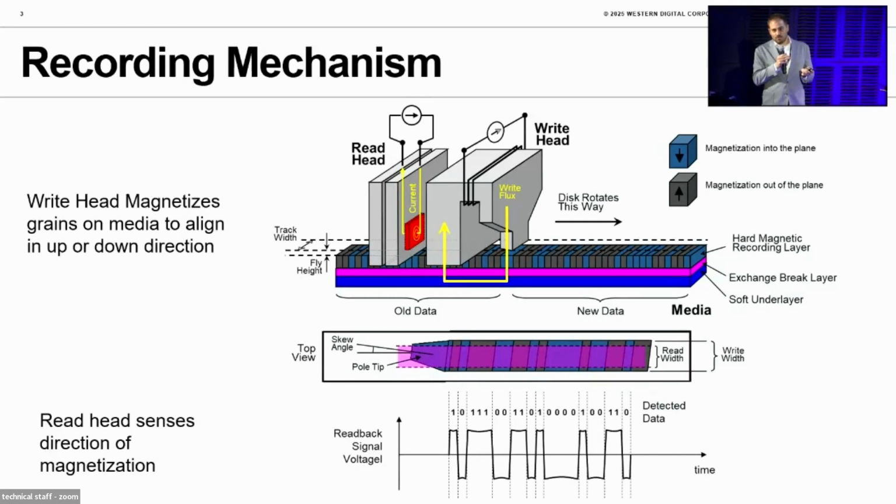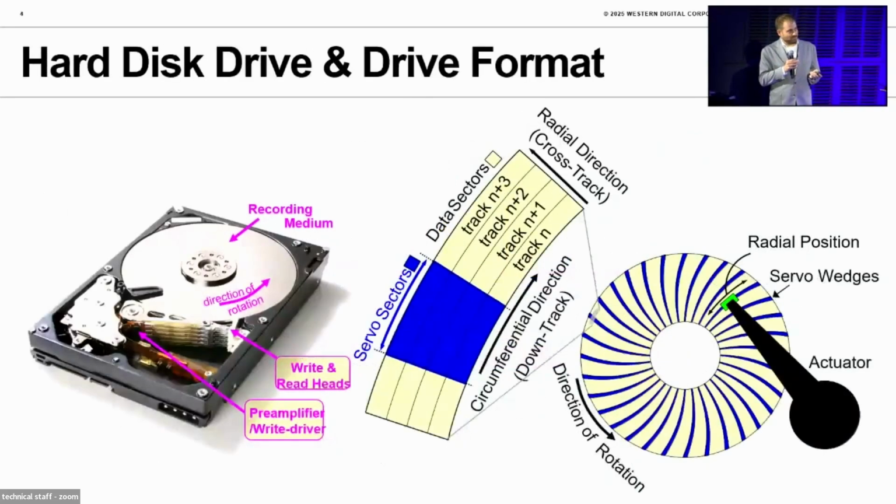It's as that transition happens that we're going to see a 1 or a 0. We're dealing with intersymbol interference because our grains aren't isolated today. So we have to handle this very noisy signal in our readback signal and read channel as we get through the media.